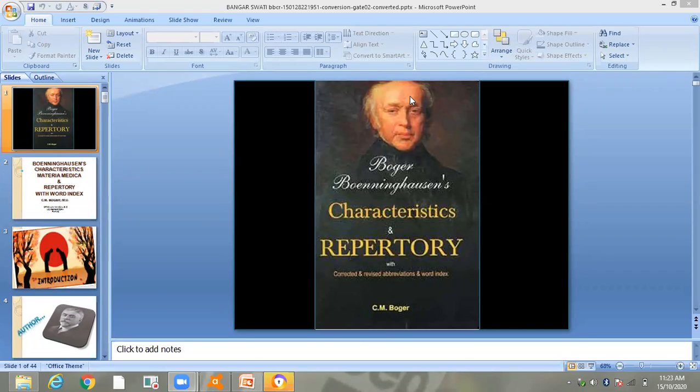These are different chapters, followed by the chapter on abdomen. So while arranging, we cannot find a definite order of arrangement in this repertory.